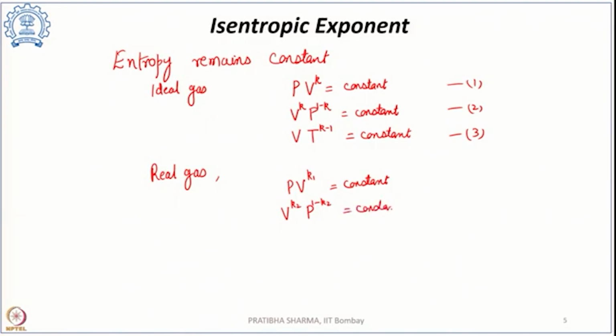For the first equation we have used K1, for the second equation K2 and for the third equation K3. These exponents differ depending upon which state variables they are connecting, and this exponent also changes with temperature and pressure.